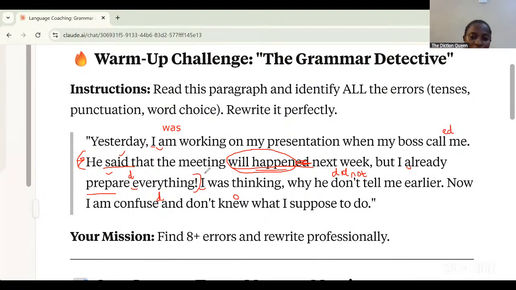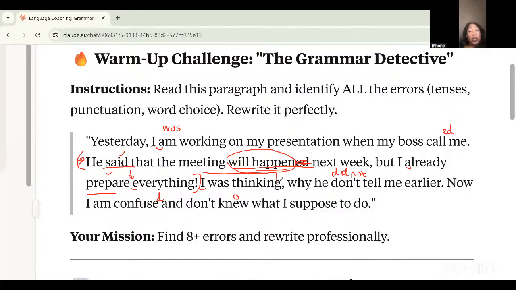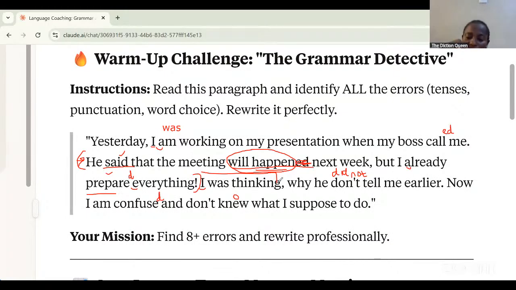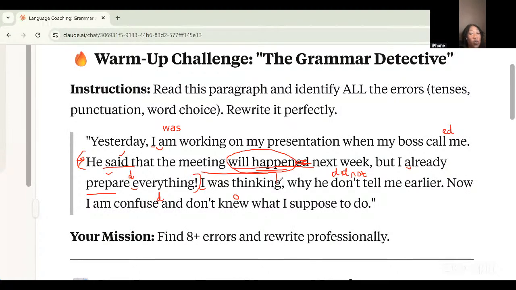And I want you to tell me, why don't you think here we could have changed it to I thought? Why didn't he tell me earlier? What do you think about that? The writer is still the one talking, and yes, it was still continuous tense. He was narrating what he was thinking.